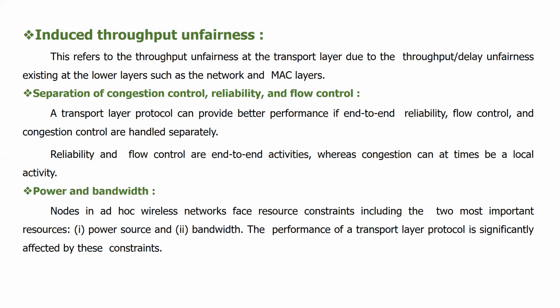This also affects the implementation of the transport layer protocol. The next is power and bandwidth. The major resources, battery power as well as bandwidth, that is the frequency allocation, significantly affect transport layer protocol implementation.